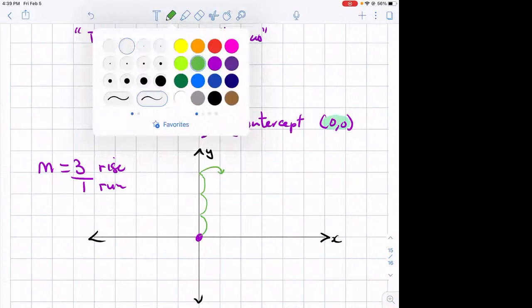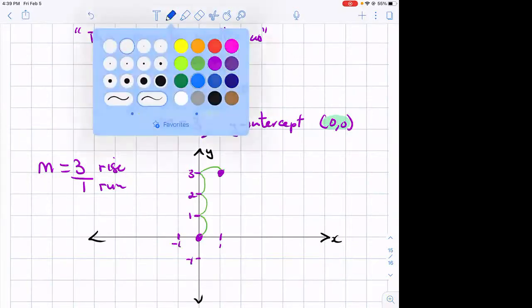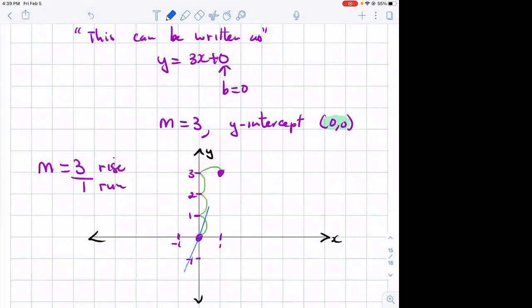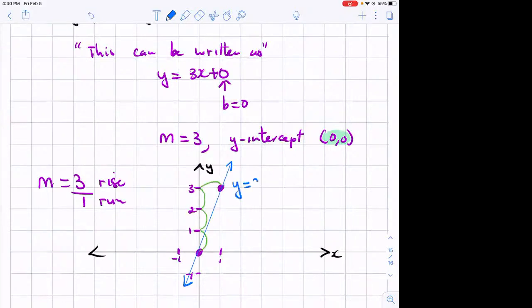And that's where I stop, and I put my second dot. Okay, I can now connect my 2 dots. And that's the equation y equals 3x.